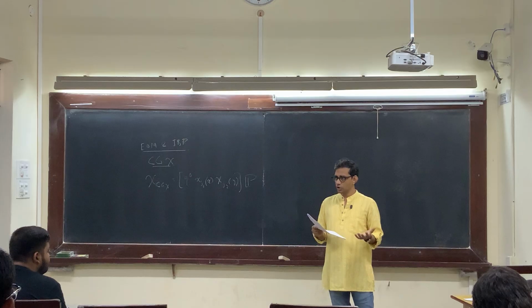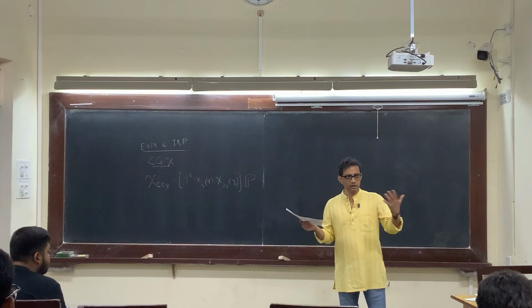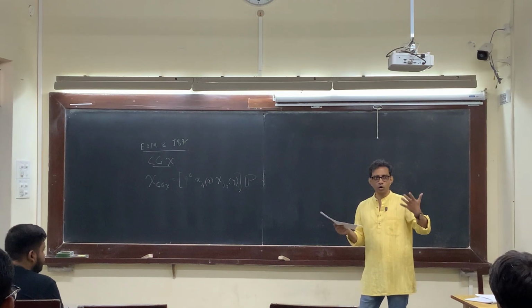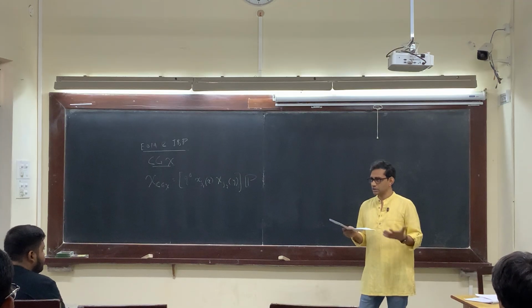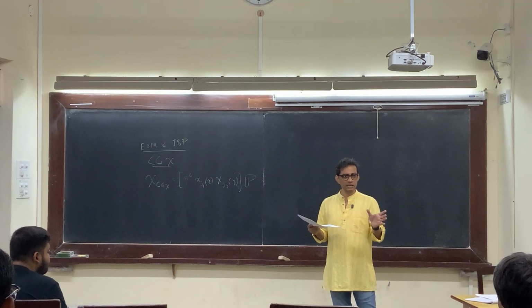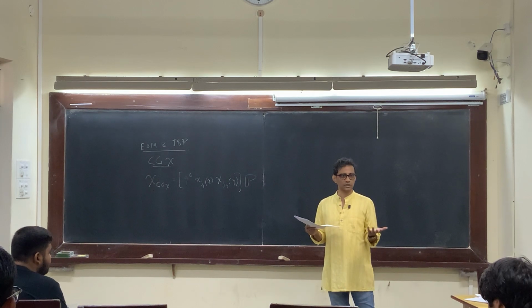For the fermion, we write down the character with j1 and j2 equal to half. Right? If you are in the left chiral, j1 equal to half, j2 equal to 0. If you are working in the right chiral, j1 equal to 0, j2 equal to half. But then you remove the equation of motion, which is basically d-slash psi equal to 0.